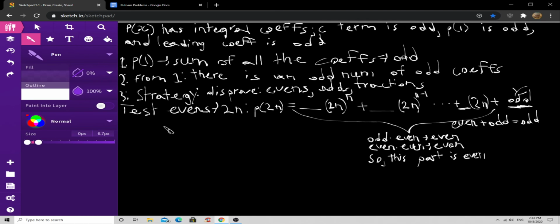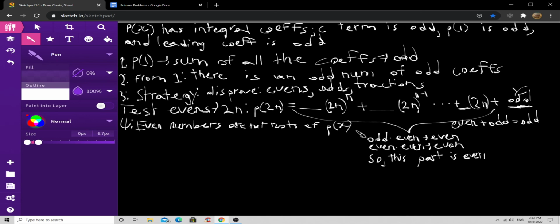Now, let's make this claim clear. Even numbers are not roots of p of x.